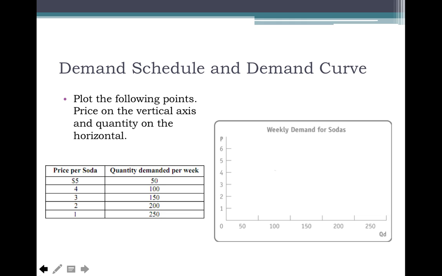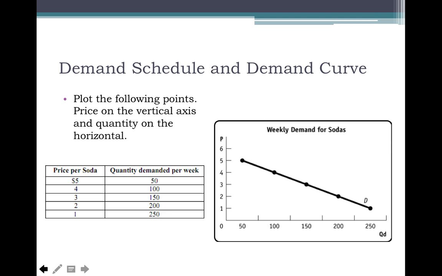Okay, so let's take a look at this. You have price along the vertical axis, quantity demanded along the horizontal axis, and at a price of $5, you should have put a point at 50 sodas. At $4, 100, $3, 150, $2, 200, $1, 250, and here we have our demand curve.